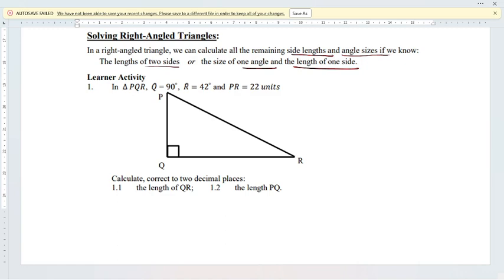Meaning if I need to solve the side, that is the technique, okay? Normally, if I need to solve the side, condition number one, they can give me two sides. What do I use if I need two sides?